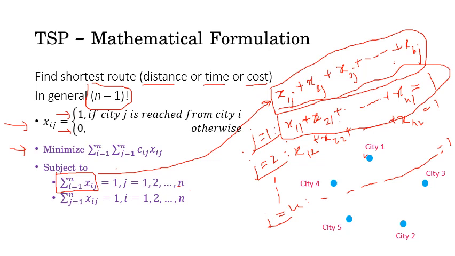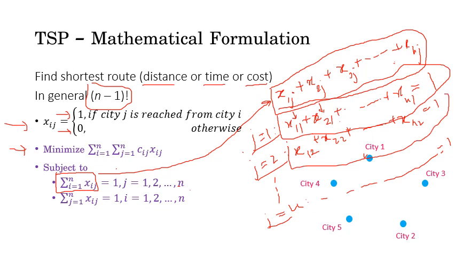Let's say if x21 is 1, which means that the salesperson approaches city 1 from city 2, and every other term in this equation is 0. x11 is 0, x31 is 0, x41 is 0, and finally xn1 is 0. That means city 1 is approached only from city 2. There is no other city from which city 1 is approached. So this is the meaning of this constraint.